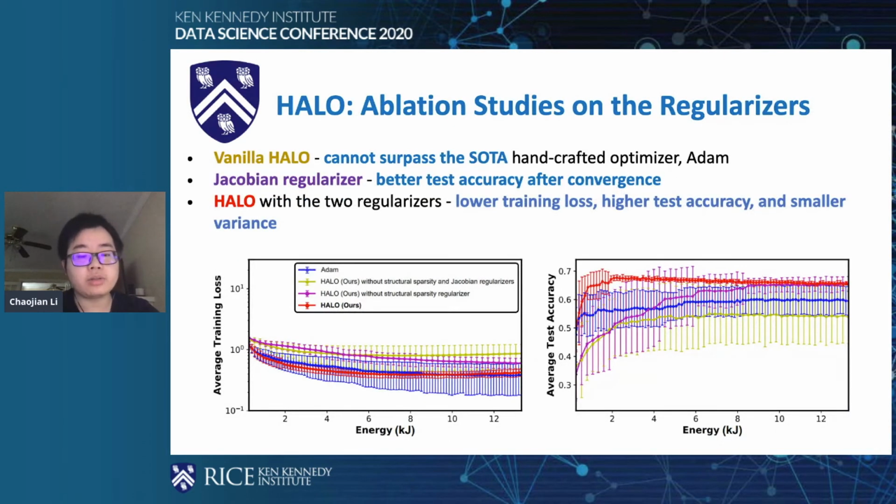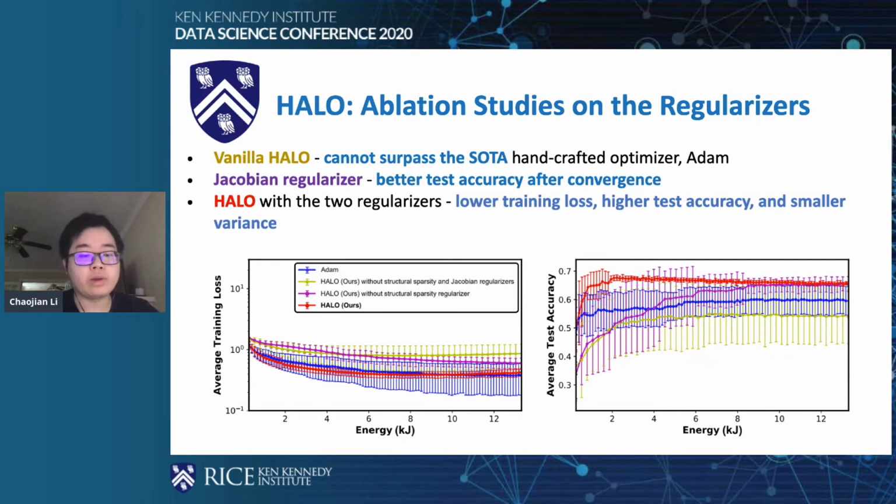And each component in Hello plays an important part in the boosted performance mentioned above. From the ablation study on the two regularizers, we can find the vanilla Hello without the two regularizers cannot surpass Adam, the SOTA handcrafted optimizer. And after adding the Jacobi regularizer, Hello could achieve better test accuracy after convergence, which matches the Jacobi regularizer's goal of faster and better convergence.